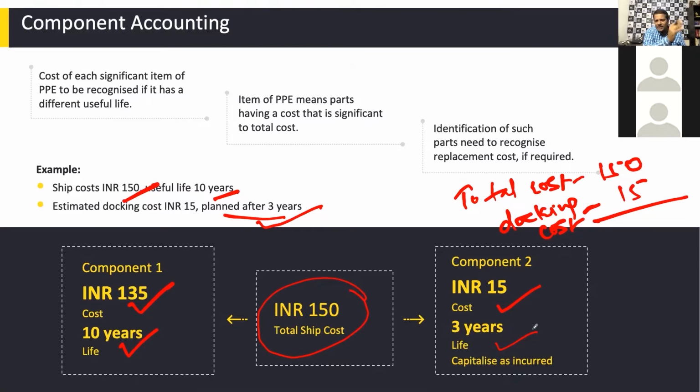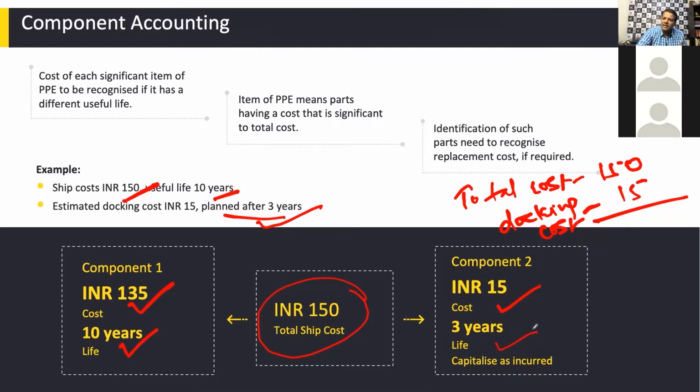The same asset cost me 150 rupees with a life of 10 years, but based on the available information, I also need to incur docking cost of 15 after 3 years. So the standard requires me to break the total cost of 150 into 135 and 15. This is important because the life of the ship is 10 years, whereas the life of the docking as an activity is only 3 years, and to appropriately determine the depreciation cost, I need to break this.